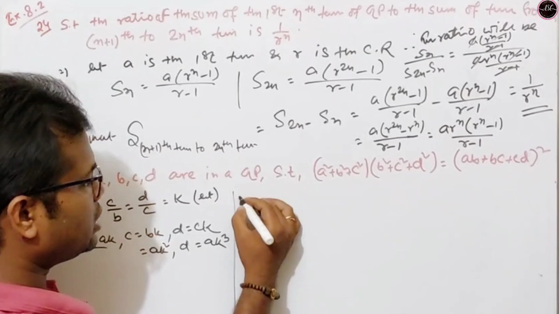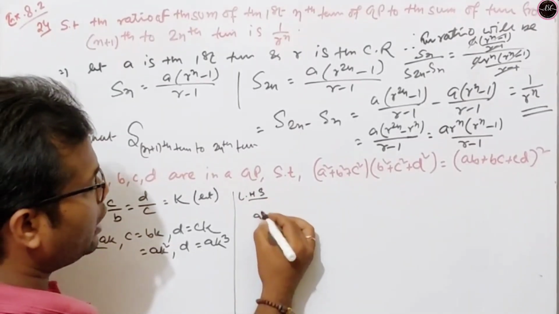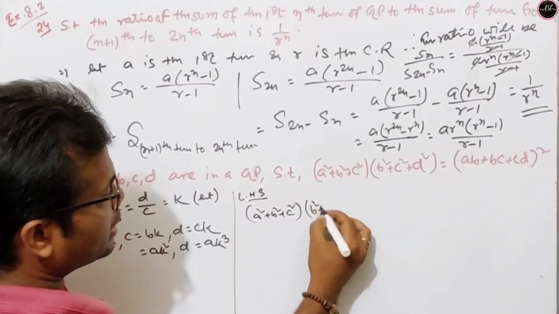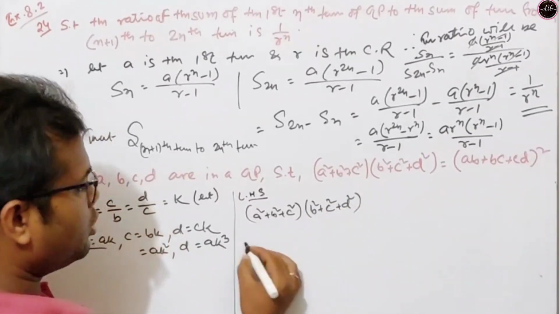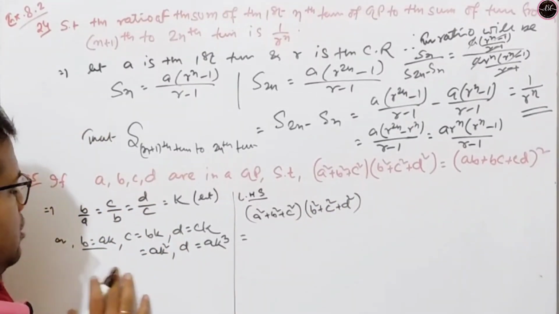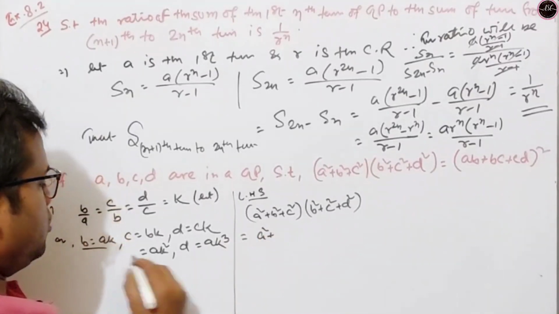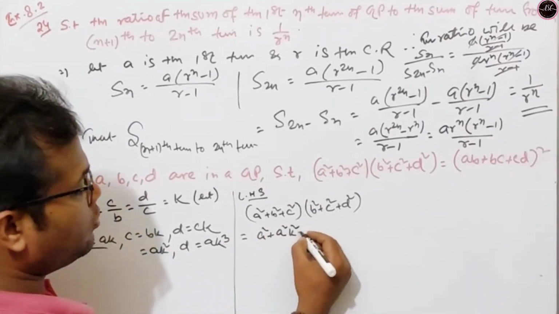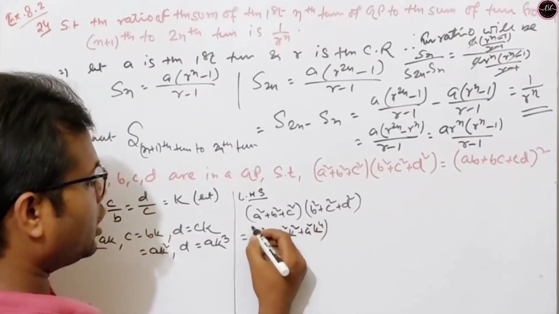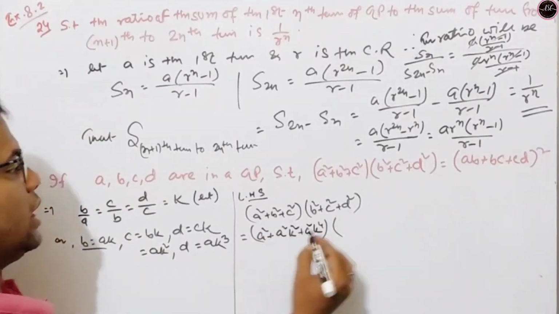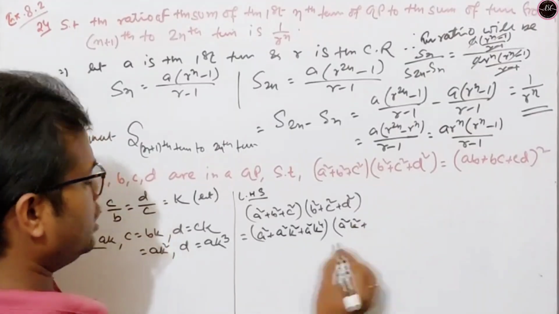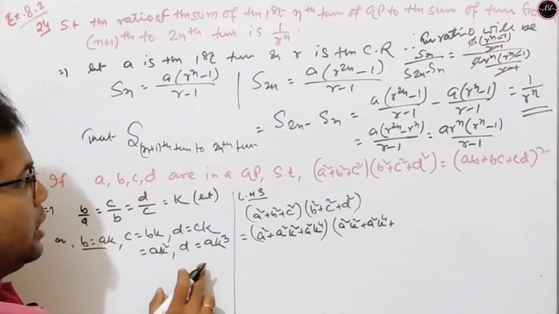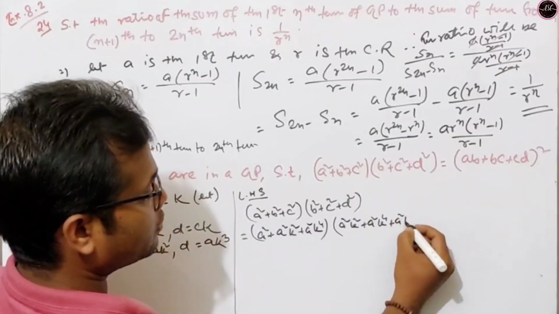Now LHS equals A square plus B square plus C square into B square plus C square plus D square. Just put the values. We have A square equals A square, B square equals A square K square, and C square equals A square K to the power 4. In the second bracket, B square equals A square K square, C square equals A square K to the power 4, and D square equals A square K to the power 6.